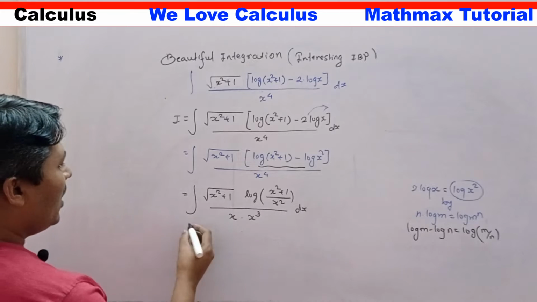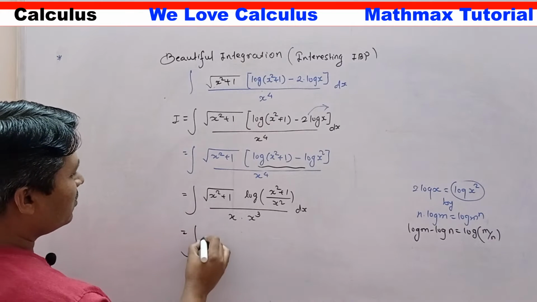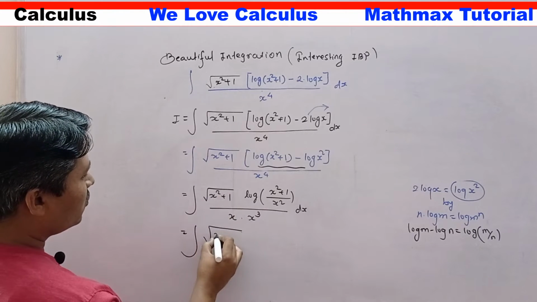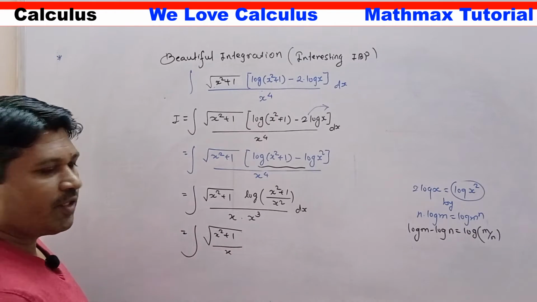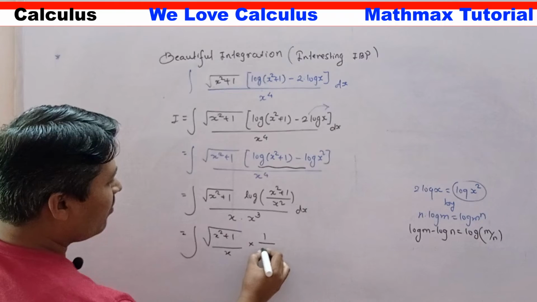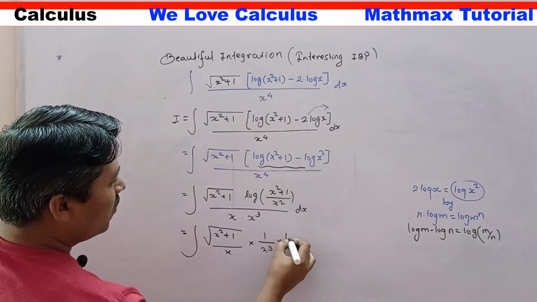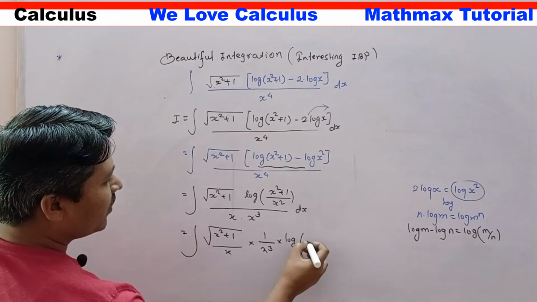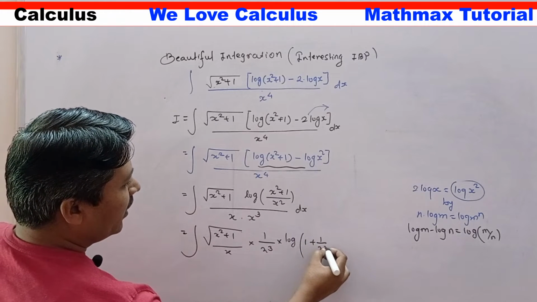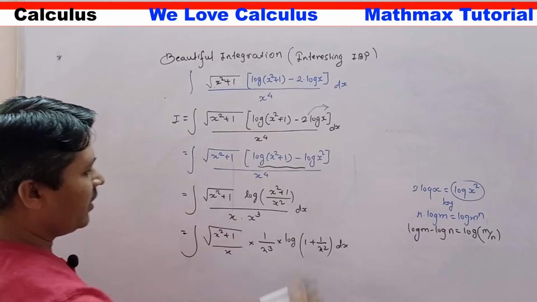Again, root of (x square plus 1) divided by x we can write separately, into 1 upon x cube, into log of (1 plus 1 upon x square), where x square gets cancelled, dx.